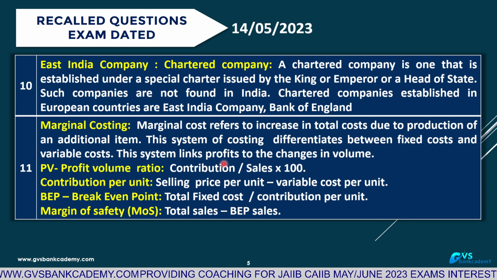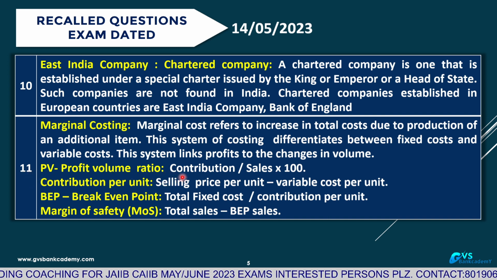This system links profit to volume. That's why this is also called the profit volume ratio. PV ratio, profit volume, these are questions asked, even 2 marks questions. Profit volume ratio calculation formula: contribution by sales into 100.